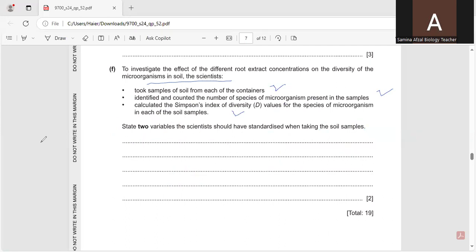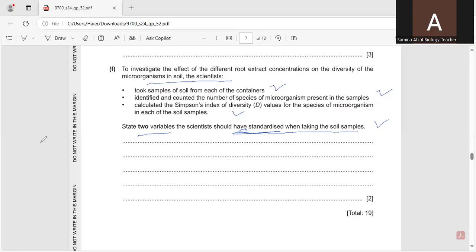State two variables the scientists should have standardized when taking the soil samples. So two variables we have to talk about.